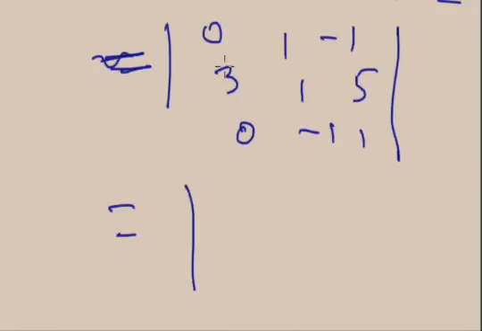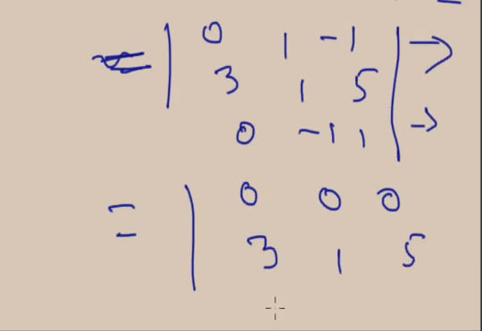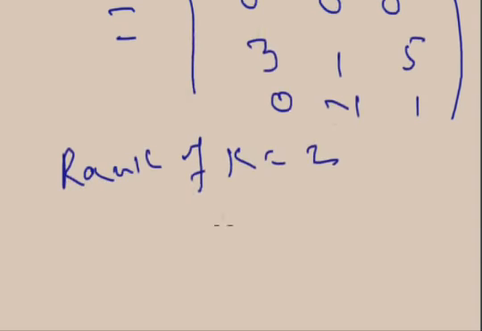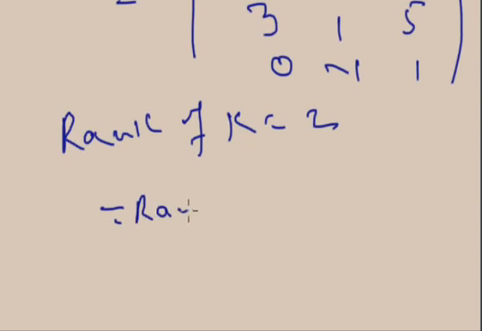If you add this row and this row, you will get 0 0 0, 3 1 5 and 0 minus 1 1. So the first row becomes 0. Now the rank will be, if I take this, 3 into minus 1 minus 3 minus 0, so minus 3. So definitely rank of K is 2, which is equal to rank of A.